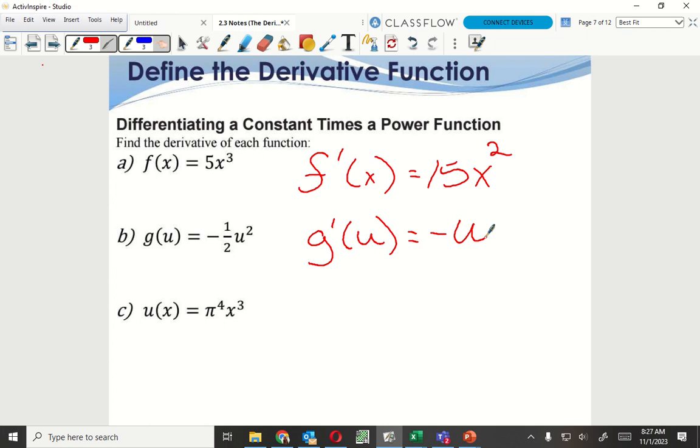That make sense? All right, so now, I want you to try C, because this one is crazy. I love this one.